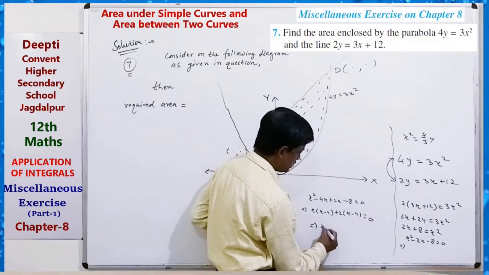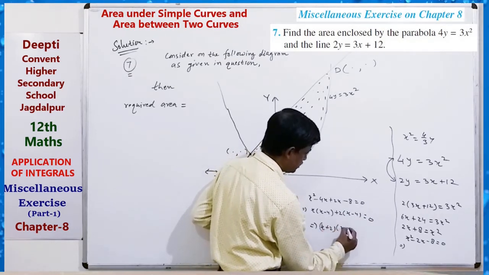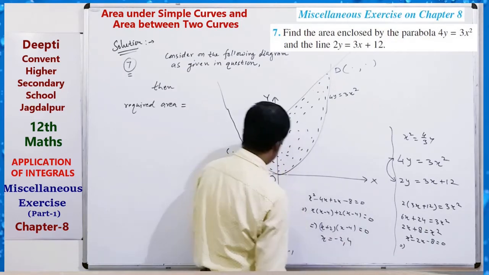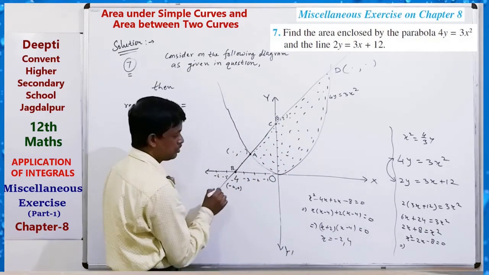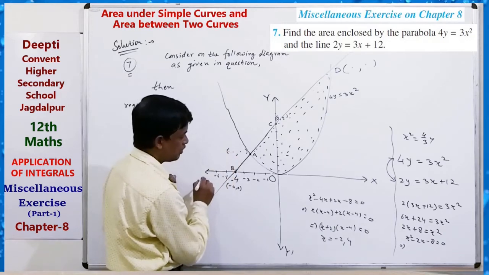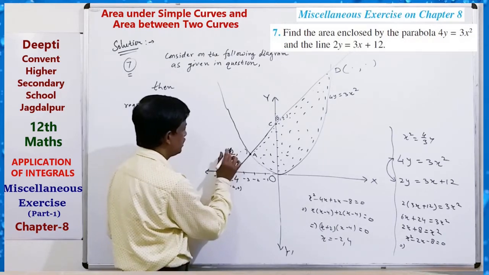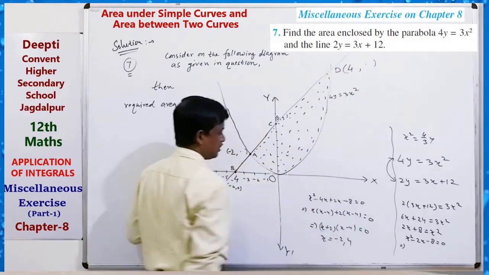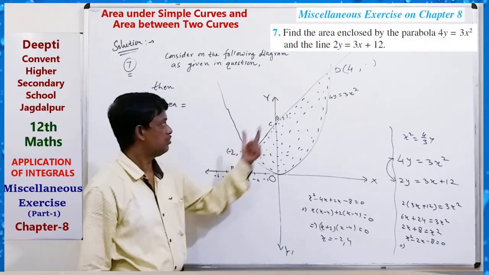So x plus 2 into x minus 4 equals 0, that is x equals minus 2 and 4. So x equals minus 2 is here, and 4 is here.